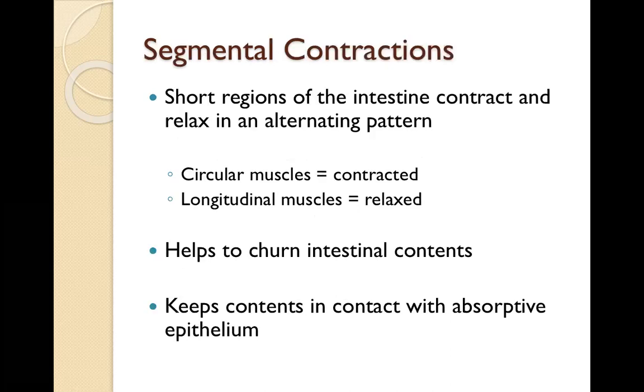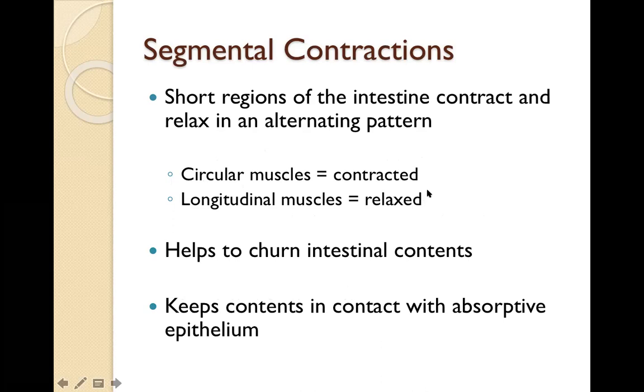Segmental contractions are different from the other two in that it's just short regions of the intestine, and mostly the small intestine. And these short regions contract and relax in an alternating pattern. And it actually makes use of both the circular muscles and the longitudinal muscles. So the circular muscles, when they are contracted, the longitudinal muscles are relaxed.